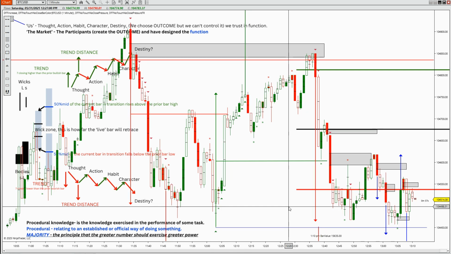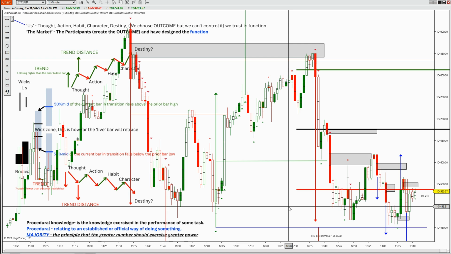So it's relating to an established or an official way of doing something. Do you know of the official way? And if that's what brought you to the channel, to learn the official way, I'm doing my best to disclose what that looks like. There's an official way to do something. This is the foundation of that. All right. So it's just the foundation. There's more to it, but this is the foundation of how to officially do it.